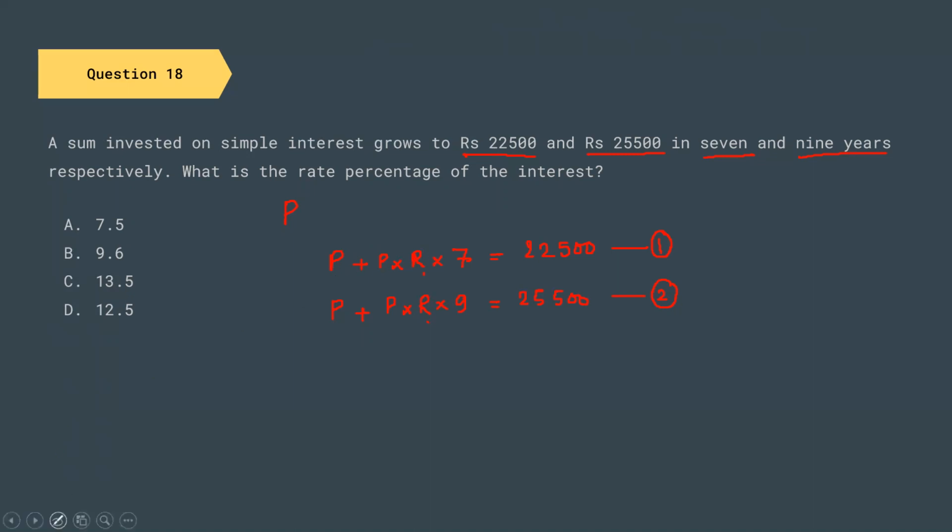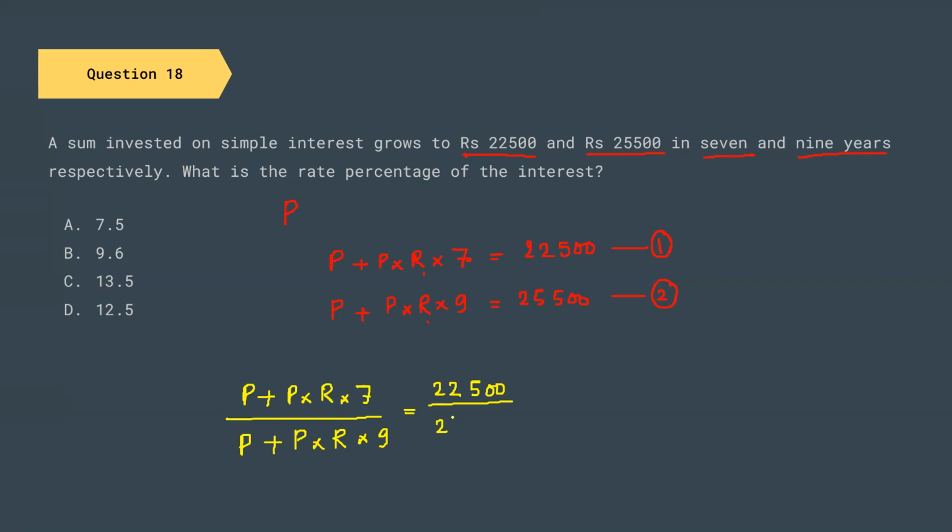So let us apply a trick here. Let us divide equation 1 and 2 with each other. If we divide them, we get P plus P into R into 7 divided by P plus P into R into 9, and that gives us 22,500 divided by 25,500.